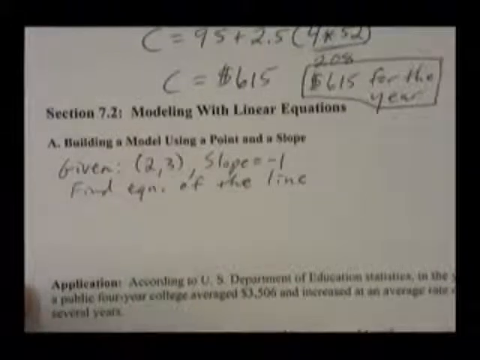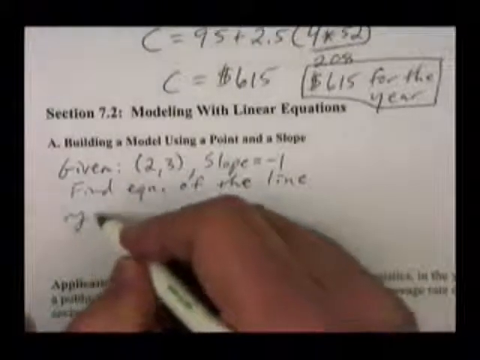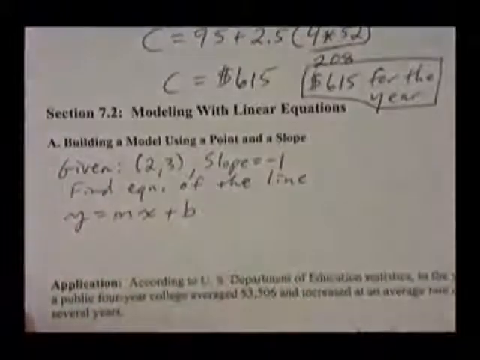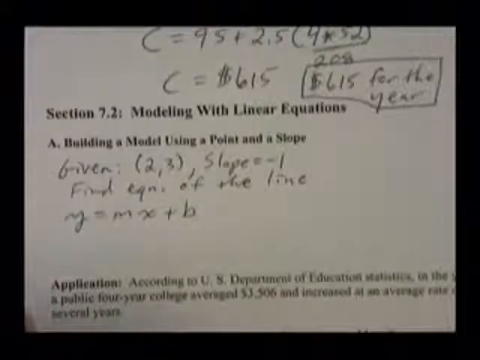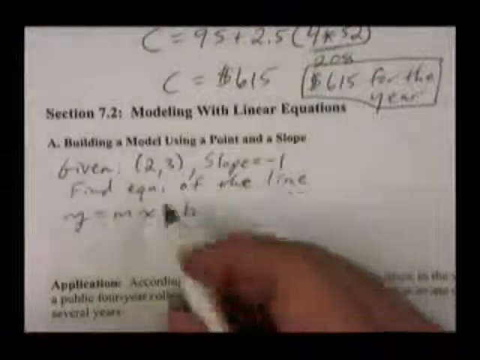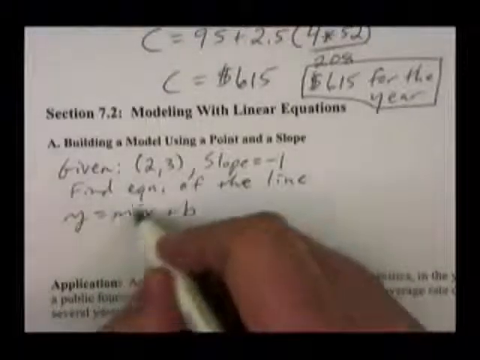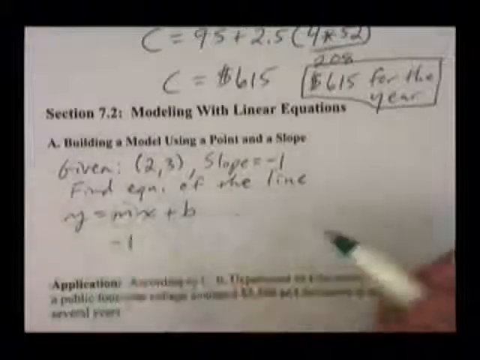In order to do that, we're going to use the slope-intercept form of a line again. So we have y = mx + b. I've got 4 variables here, and if I know 3 of them, I can find the 4th. So I'm going to see which ones I know. Well, I know slope. That's -1, so I'm going to plug that in.